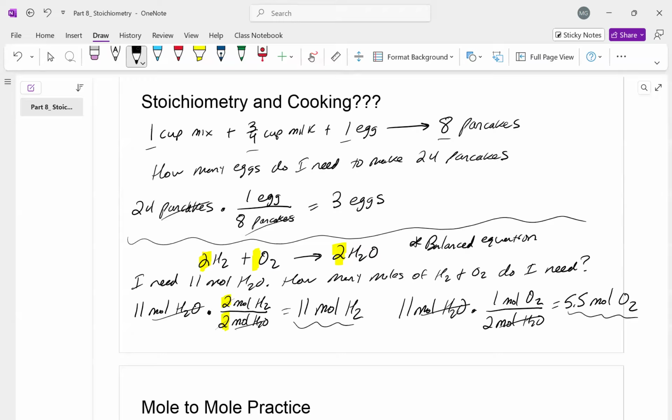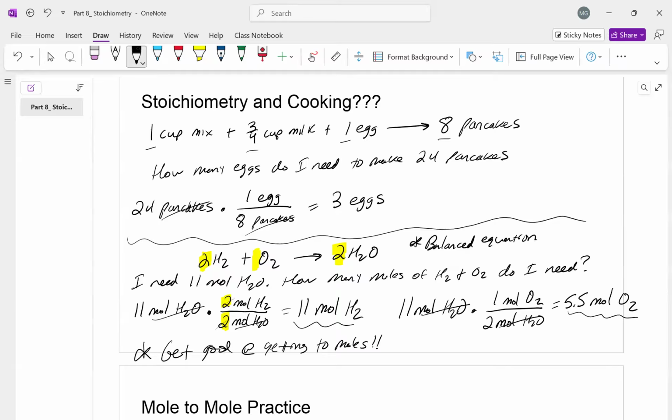In a little bit, we'll talk about what happens if we don't have that specific amount, what happens if we have less. We'll get to that in the next set of lectures. But the important skill you need to develop is getting good at getting to moles.